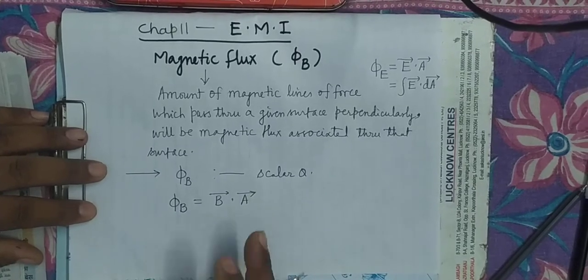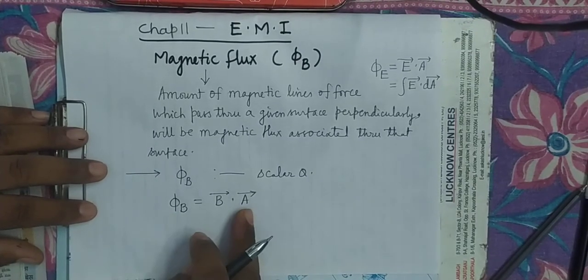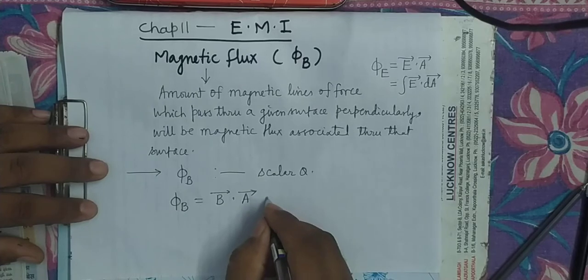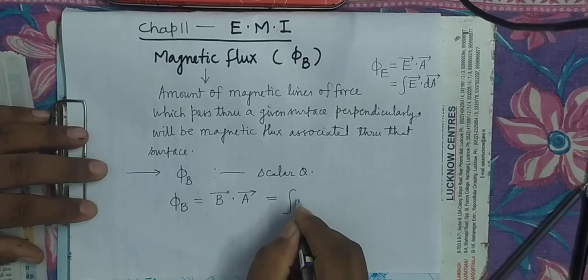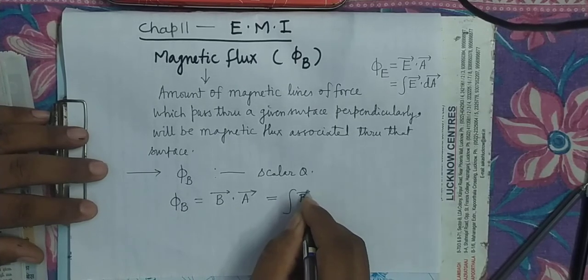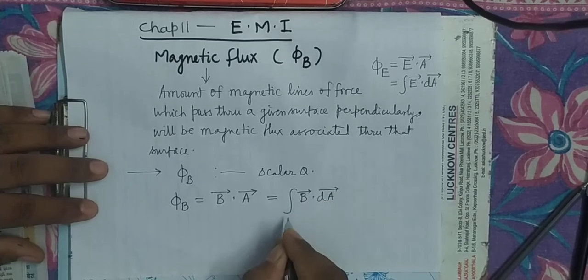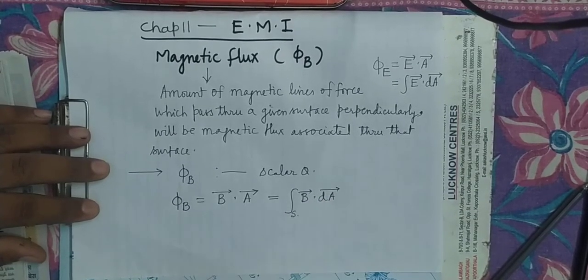In a uniform magnetic field over a planar area, we can use this formula. But if the field is non-uniform and the area is not planar, we use the surface integral of the magnetic field over that surface.